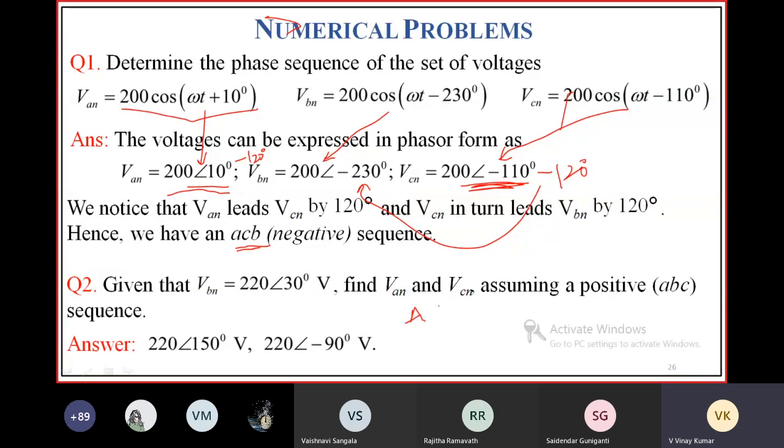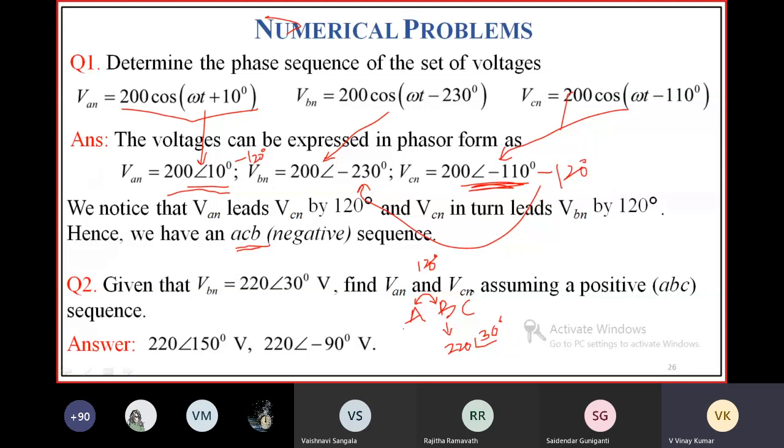Phase A attains more positive voltage first, then phase B, then phase C. Phase B lags phase A by an angle 120 degrees, or phase A leads phase B by an angle 120 degrees.